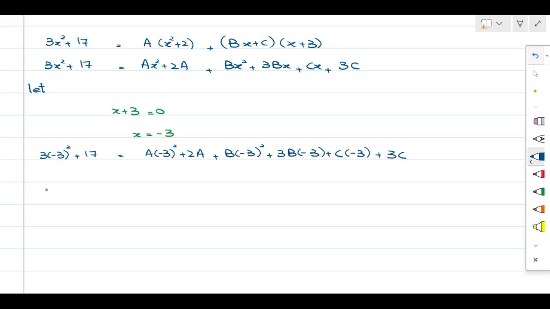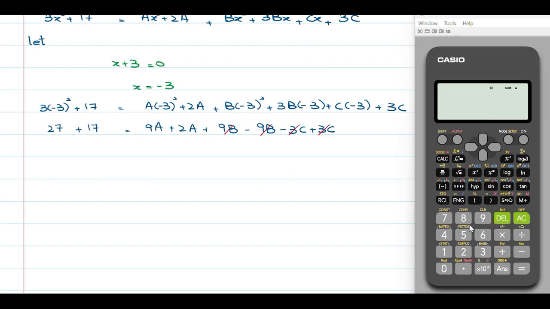Negative 3 square is 9, and 9 times 3 is 27. In 27 we add 17, and here we have 9a plus 2a, positive 9b and negative 9b, negative 3c and positive 3c. So b's and c's both are cancelled out, right?